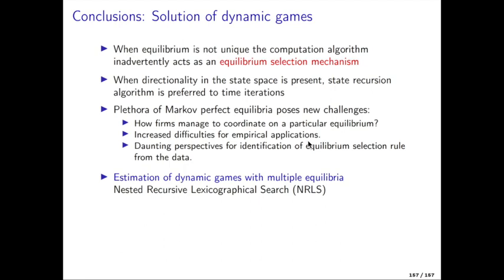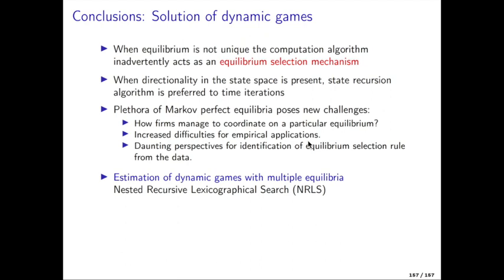Okay. Now, solution of dynamic games is really hard when you have so many equilibria. But we have a solution that deals with that, the recursive lexicographical search. When the equilibrium is not unique, the computational algorithm can inadvertently act as an equilibrium selection mechanism if you're using the standard approach of successive approximations, right? Every Bellman equation should produce only one result, right? It should produce all the equilibria that you're looking for, not in an ad hoc way that's determined by how you initialize the algorithm.